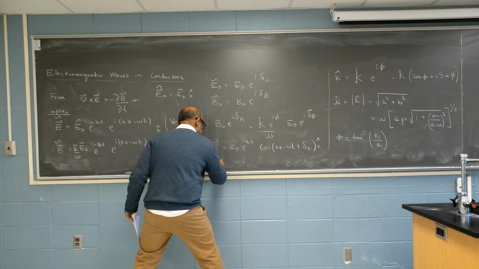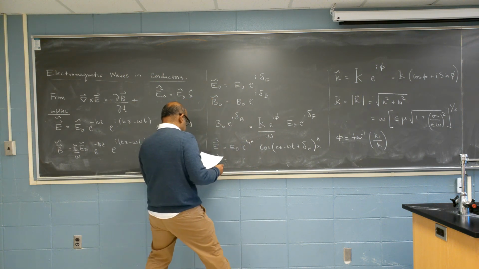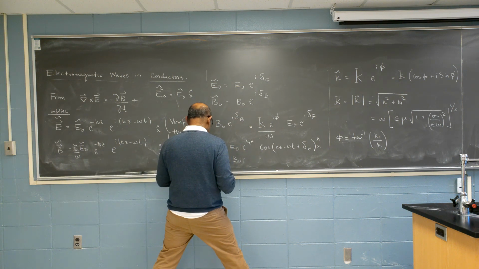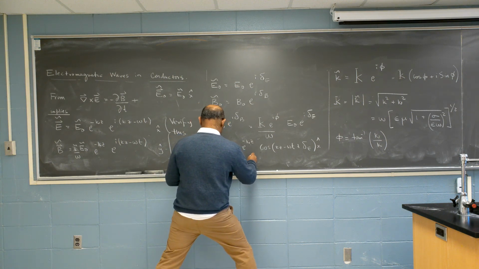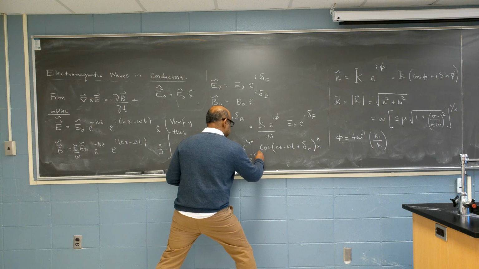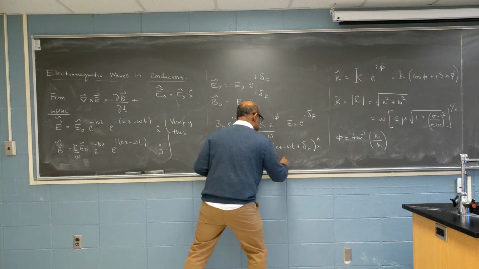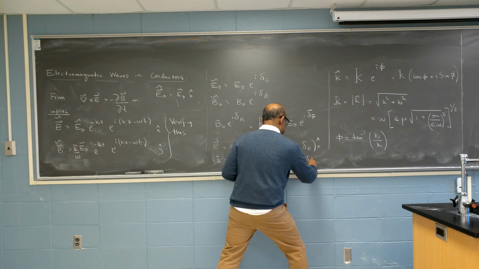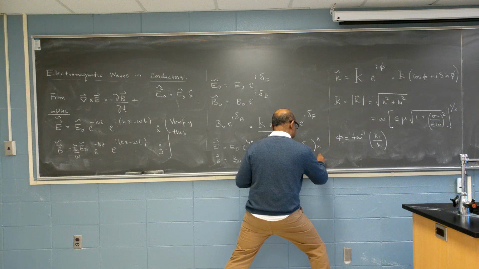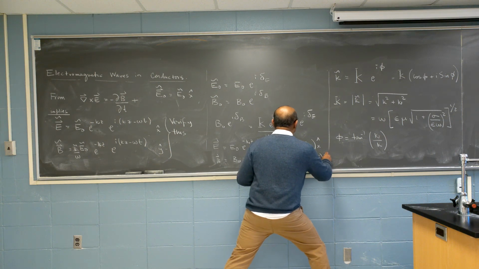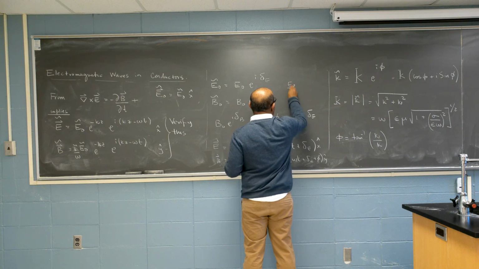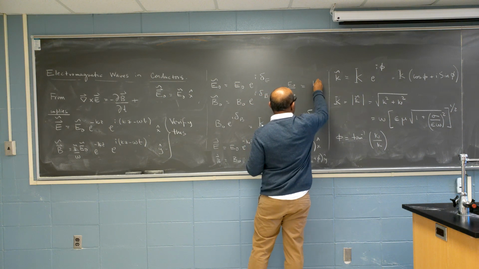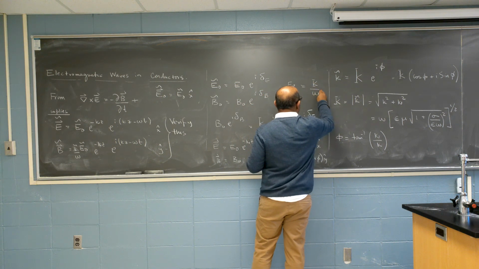And then B is going to be B0, you know what B0 is, cosine of kz minus omega t plus delta E plus phi in the y hat direction, where E0 over B0, these are real parts, is nothing more than K over omega.